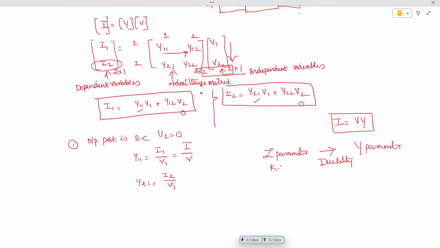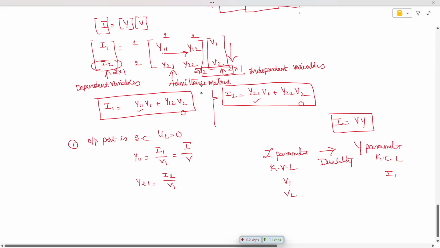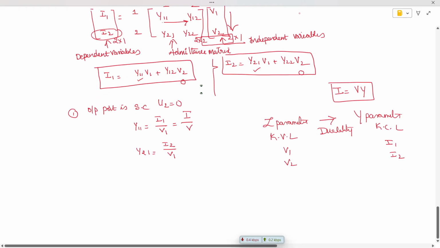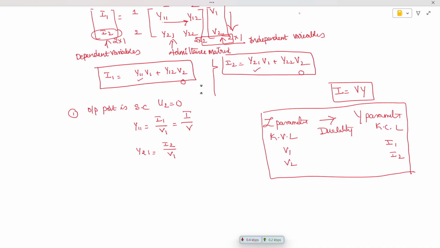Here we apply Kirchhoff's voltage law, and here we apply Kirchhoff's current law. Here we express in terms of V1, V2 as the independent variables, and here the dependent variables are I1 and I2. That's why Z parameters and Y parameters satisfy the concept of duality. That's how I computed Y11 and Y21.